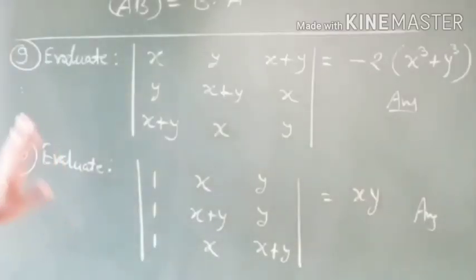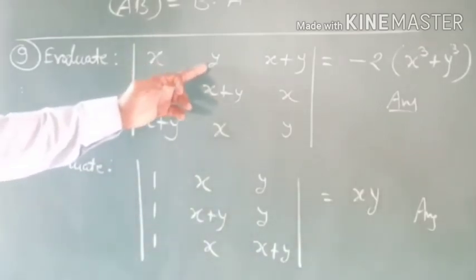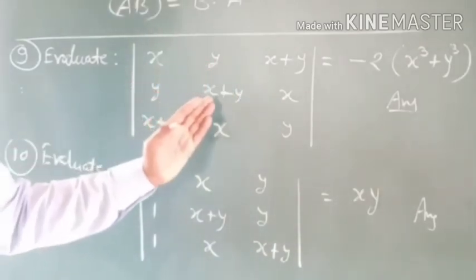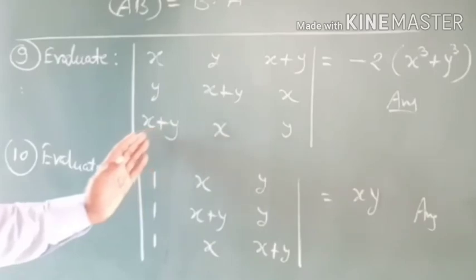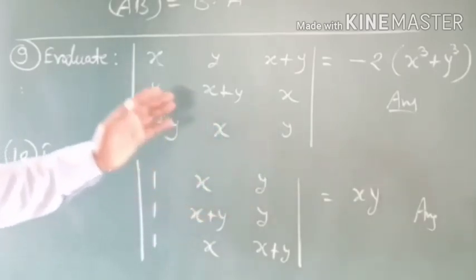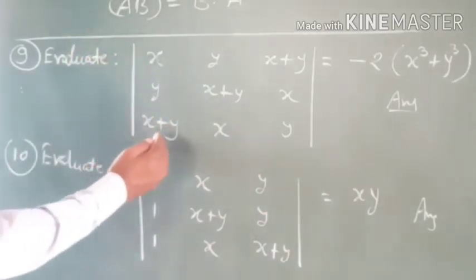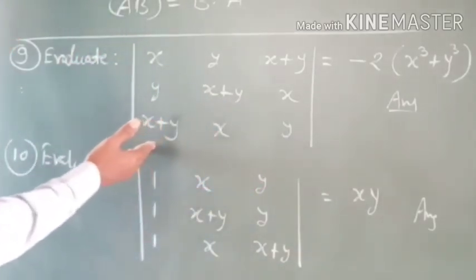Now, these are two simple questions, question number 9 and 10. Evaluate the determinant with rows x, y, x plus y; y, x plus y, x; x plus y, x and y. For the first one, apply C1 plus C2 plus C3 on the first column.